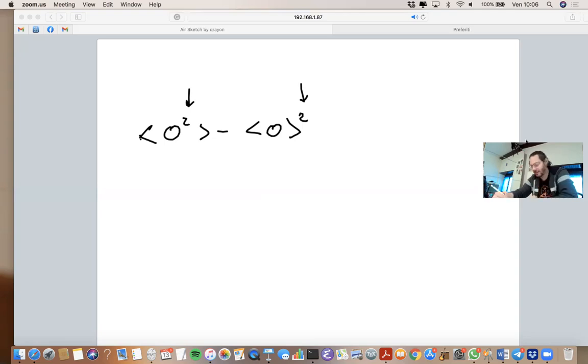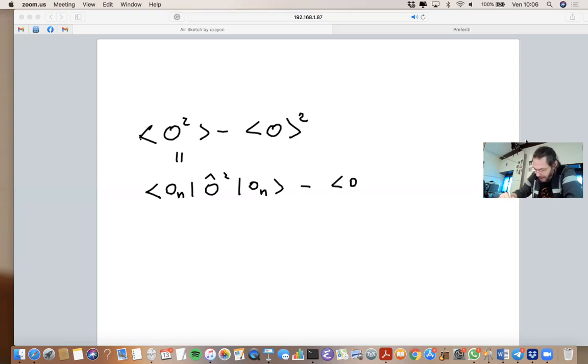But let's take this for a moment, and let's evaluate it in the case in which the system is in an eigenstate of O. So this will be ON, O square, ON, and then I will have ON, ON square.